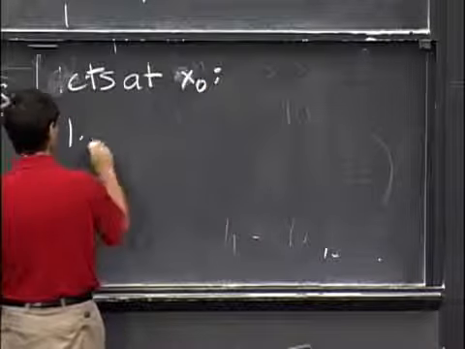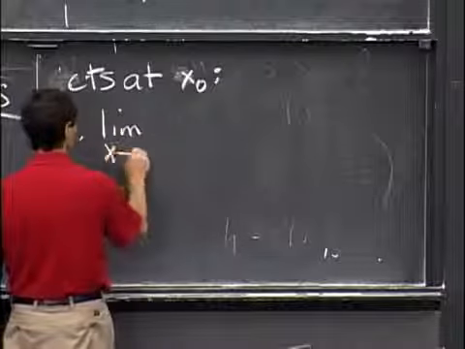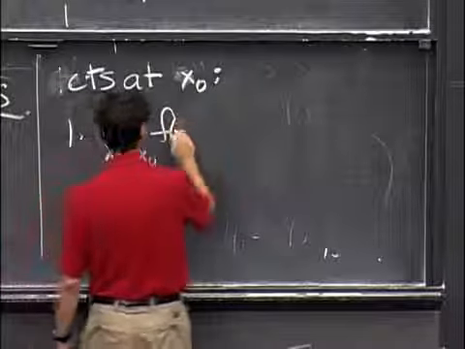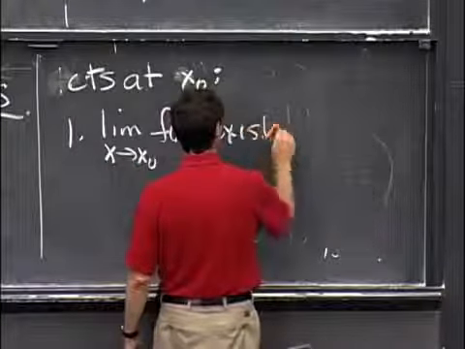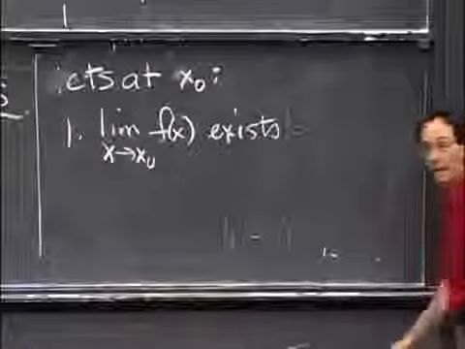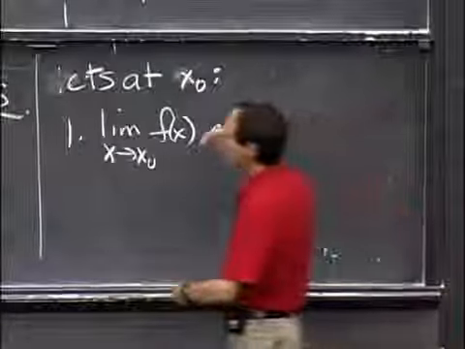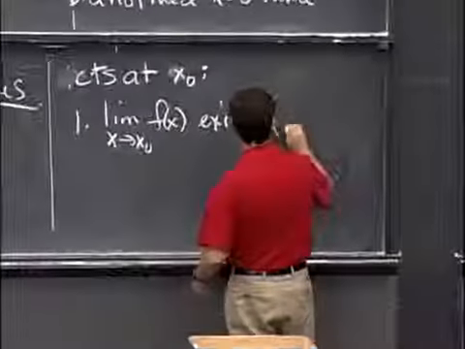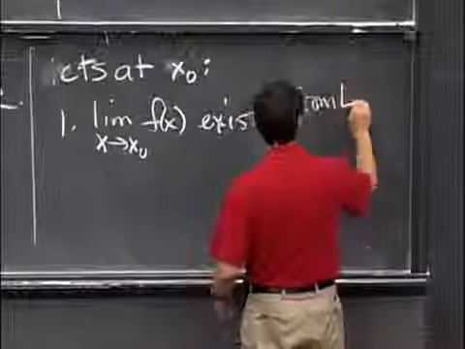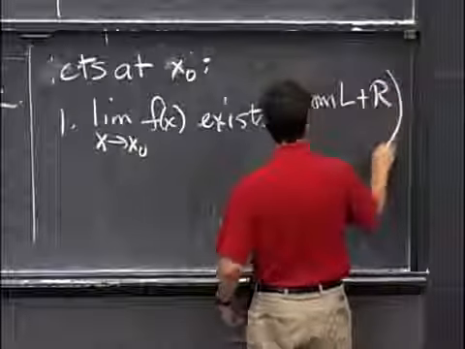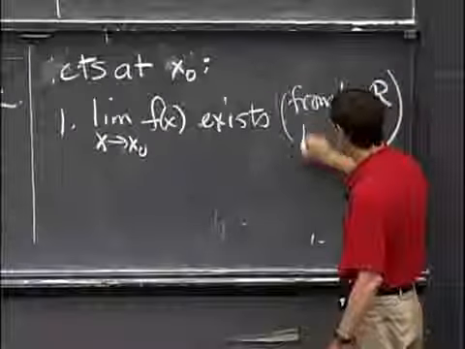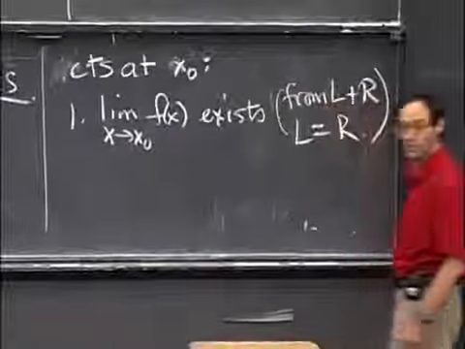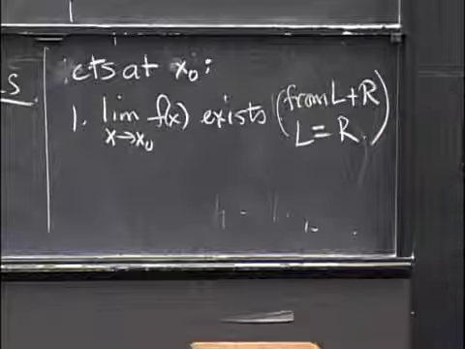So the first one is that this limit exists. And what that means is that there's an honest limiting value both from the left and right. And they also have to be the same. All right, so that's what's going on here.